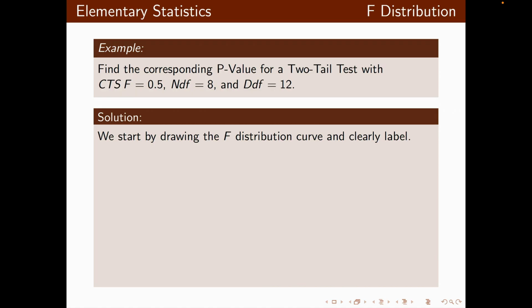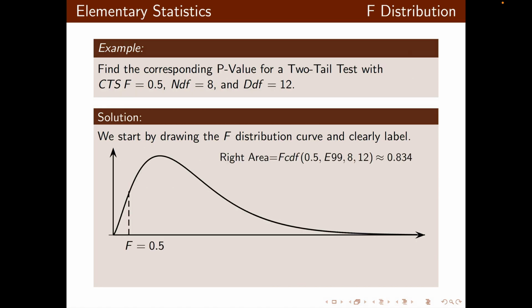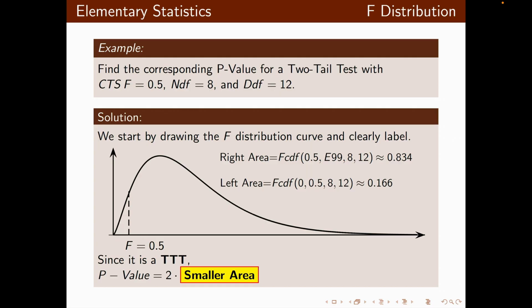We're going to find the area on the right of the CTS and the area on the left of the CTS. And since this is a two-tailed test, p-value will be twice the smaller area. In this case, it will be twice 0.166. So the corresponding p-value is 0.332.